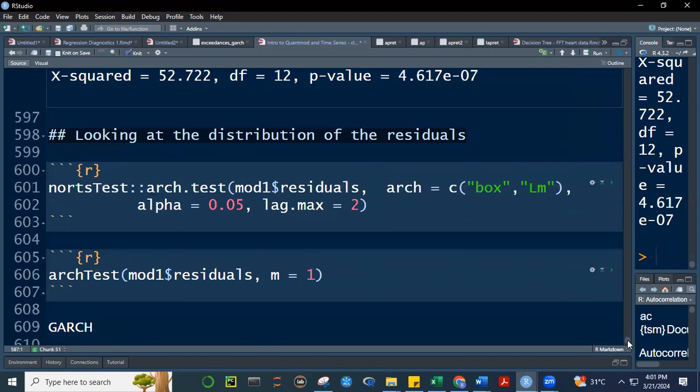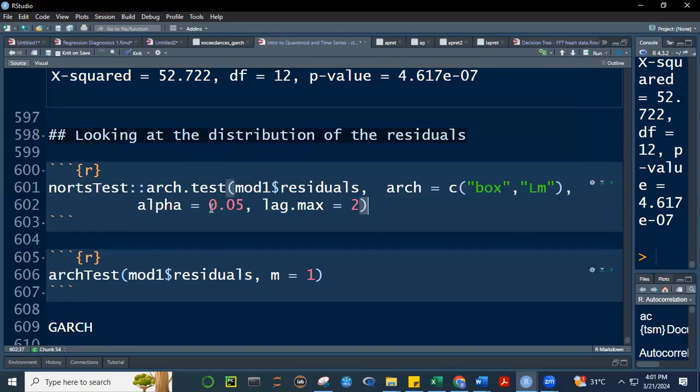Also, this one, class. Another test I gave you. So, you have to load yung FinTS test, no? Tingnan nyo to, ha? Ito test natin. This is an ARCH test. Autoregressive conditional heteroscedasticity. It tests if our residuals are heteroscedastic. So anong object natin? Yung residuals ng model 1 natin. Okay, so dalawang methods dito, Box at saka Lagrange multiplier.